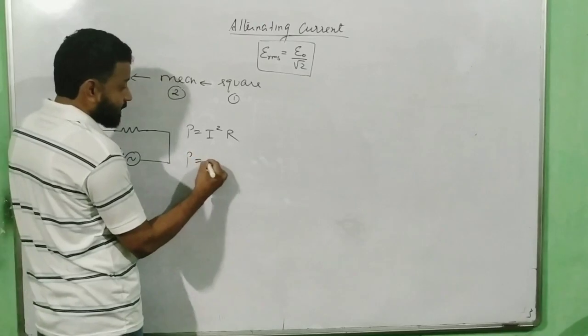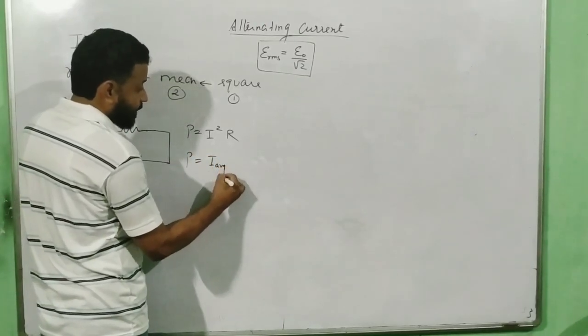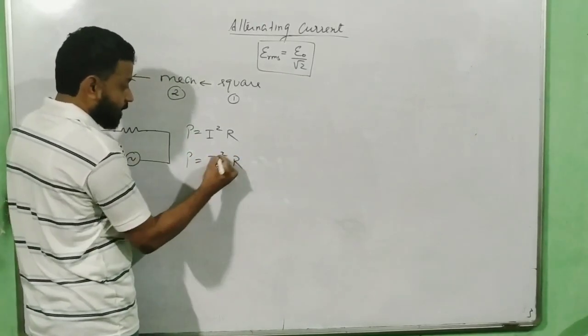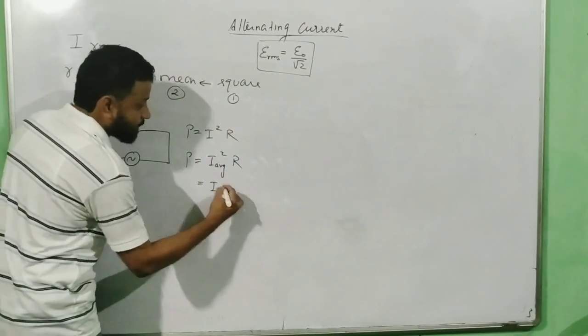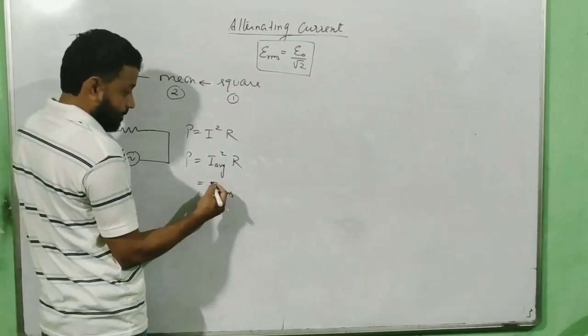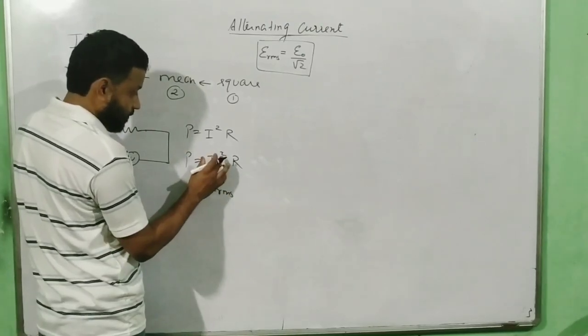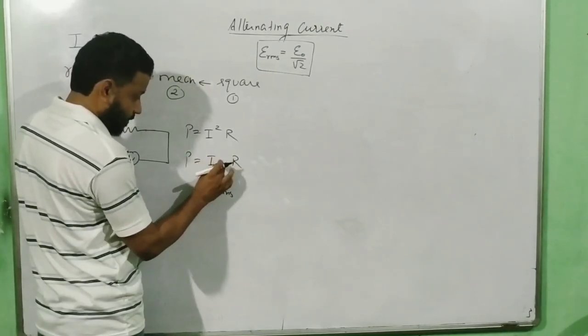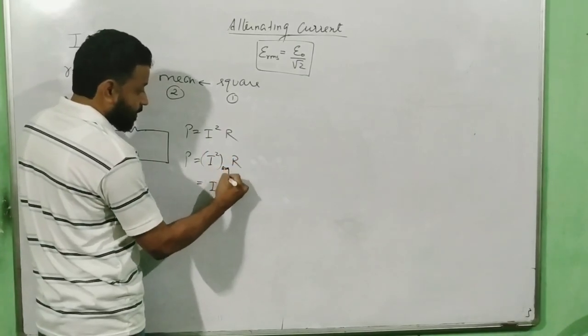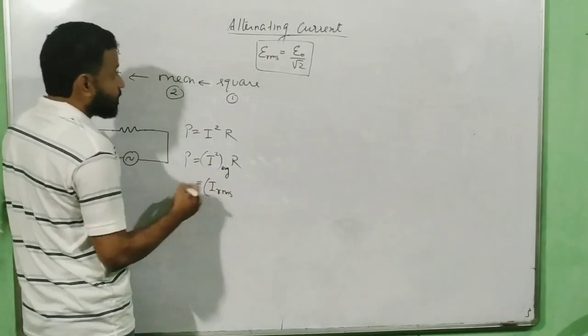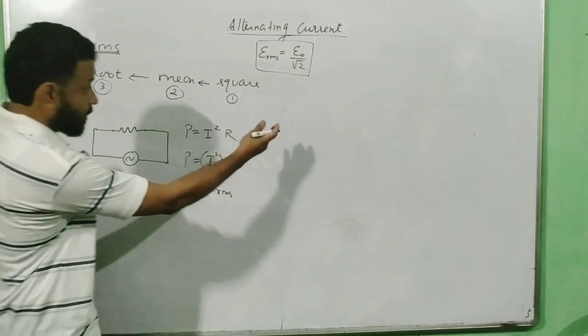So this is equal to I square average into R. And what is I square average? I wrote it over here.